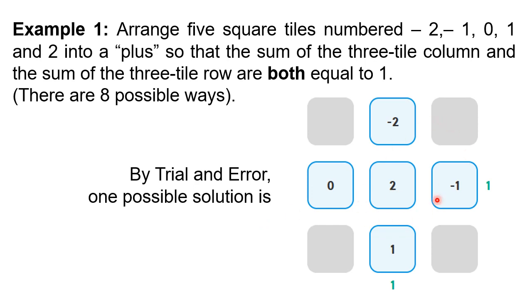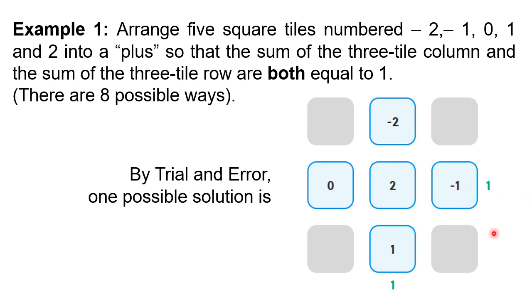If I put -2 here, then -1, 0, 1, and 2, then try to add. This time, 0 plus 2 plus -1 is 1, which is correct. -2 plus 2 plus 1 is also +1. So this is a solution to this problem, and this is only one of the 8.